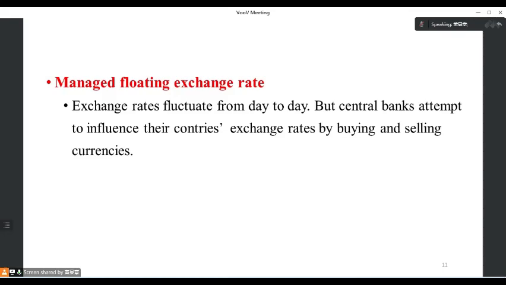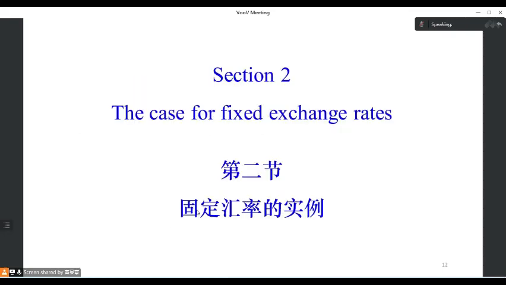It means a floating exchange rate influenced by one country's central bank buying and selling currencies. Let's go on. Section 2. The case for fixed exchange rate.